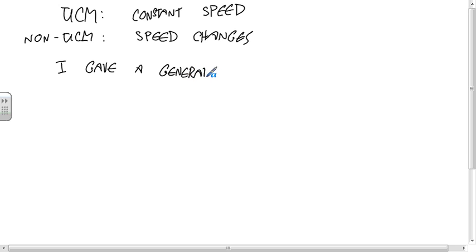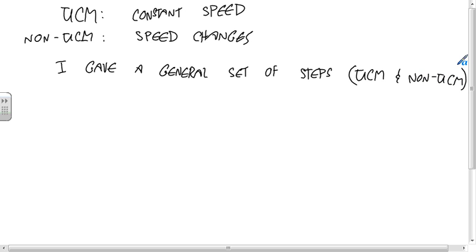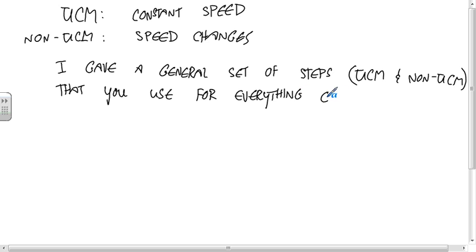So, let's say I gave a general set of steps that holds for uniform circular motion and non-uniform circular motion, that you use for everything except tetherball problems.